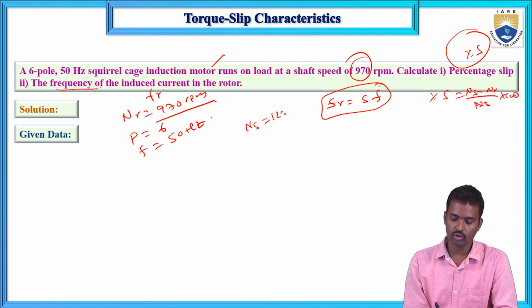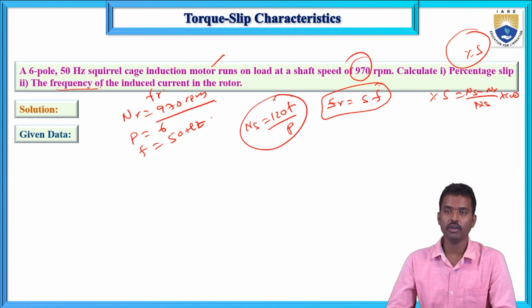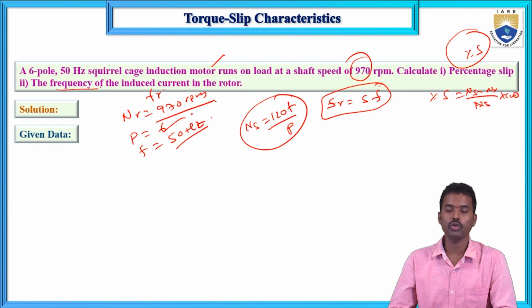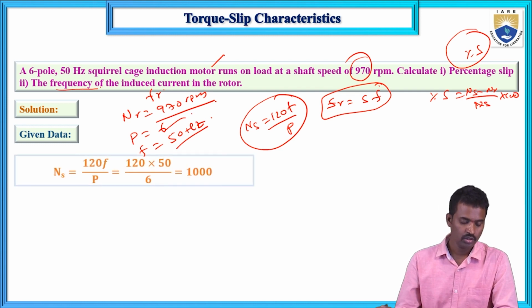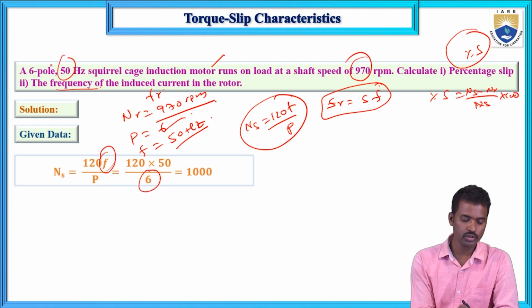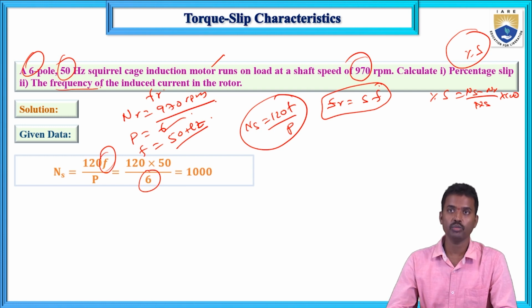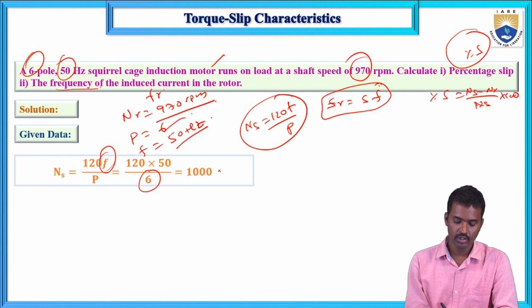NS equals 120 F by P, where F is 50 and the number of poles P equals 6. From this you can calculate the synchronous speed of the squirrel cage induction motor. That is 1000 rpm.